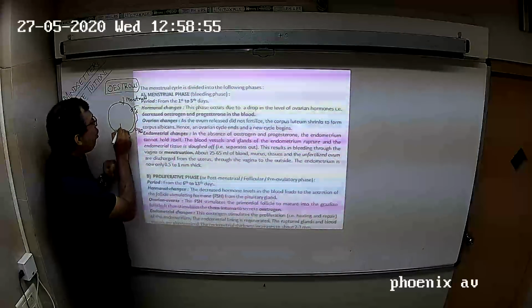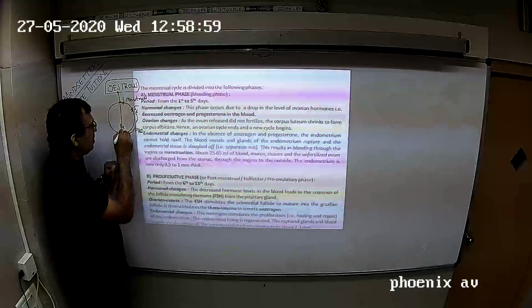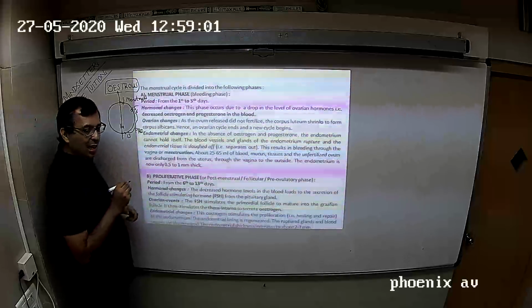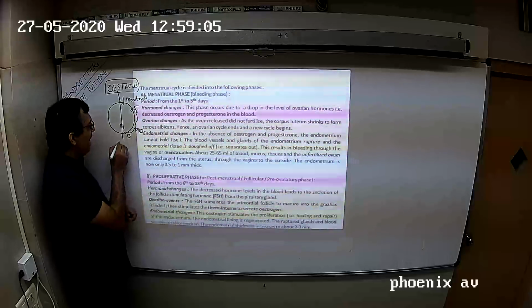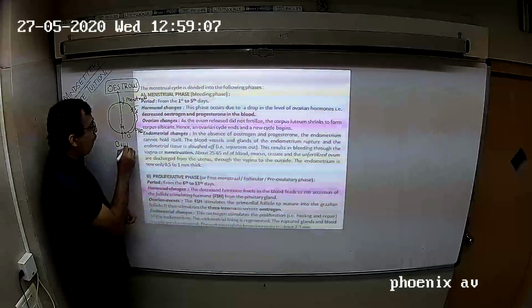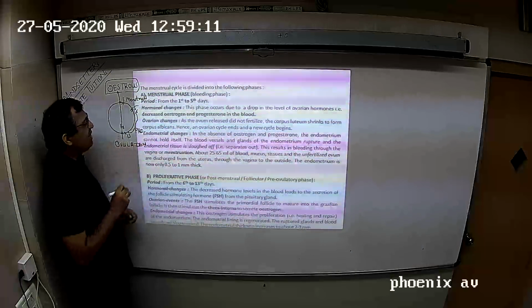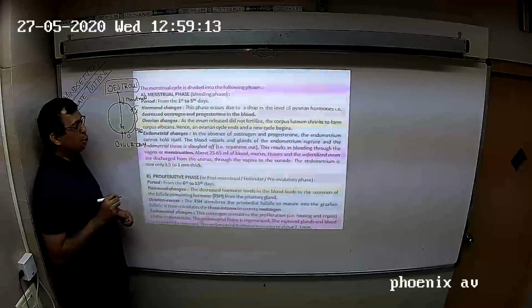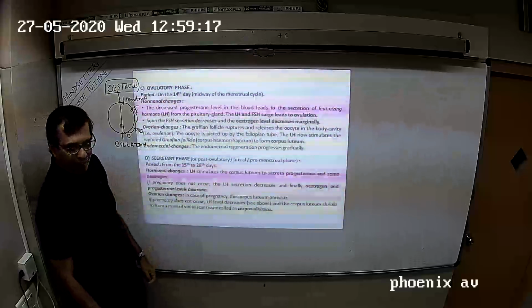On day 14, midway of the cycle. If you remember, this is a 28-day cycle, so day 14 is the midway of the cycle. Ovulation takes place. So ovulation is on the 14th day of the menstrual cycle, and that is called the ovulatory phase.